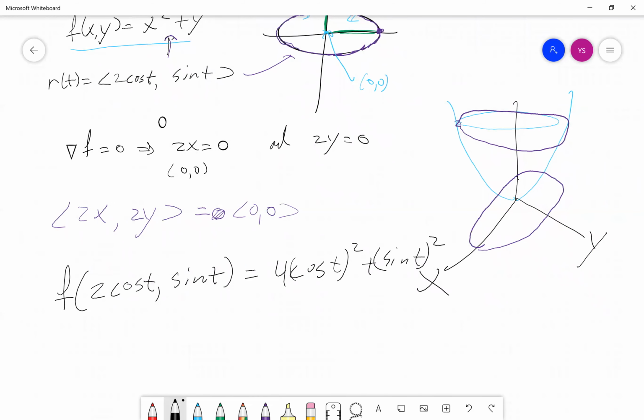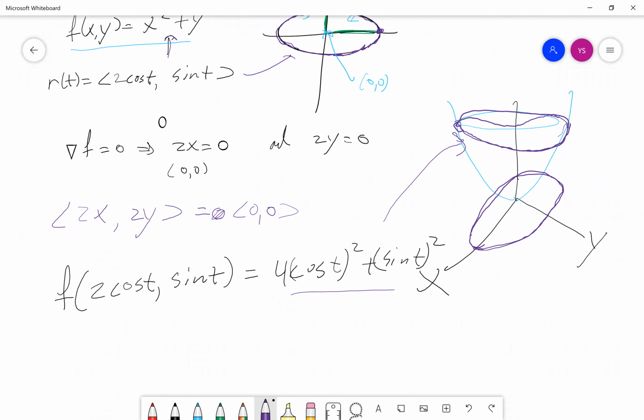That is this curve right over here, this purple curve, which is what your function looks like as you go along the boundary down here. As you go along this ellipse, you get this curve up here. And this is how that curve looks.